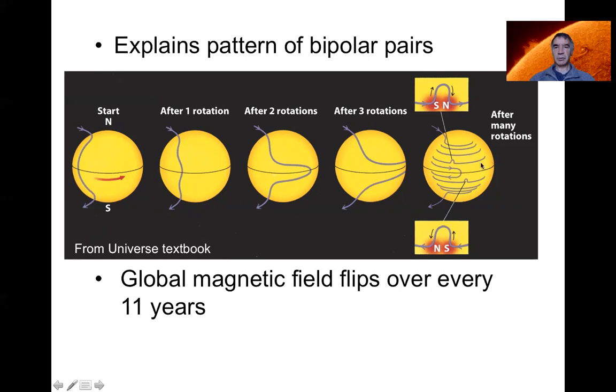They get twisted up, twisted up, twisted up so much that at some point the tension in the field lines is so great, and that's when the magnetic activity is at its height, you've got the maximum in the sunspot numbers and all the activity going on, that the only way to relieve all of that tension is for the entire magnetic field pattern on the sun to flip over, so that what was previously the north magnetic pole will flip over and become the south magnetic pole.